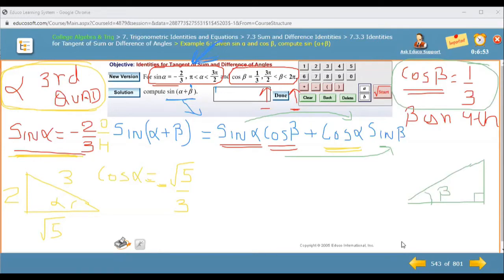Now, cosine is adjacent over hypotenuse. So adjacent is 1 and hypotenuse is 3. This is 1 and this is 3. So according to this, your opposite side, 3 squared is 9, 9 minus 1 gives you 8. This will be radical 8. I can write it there.